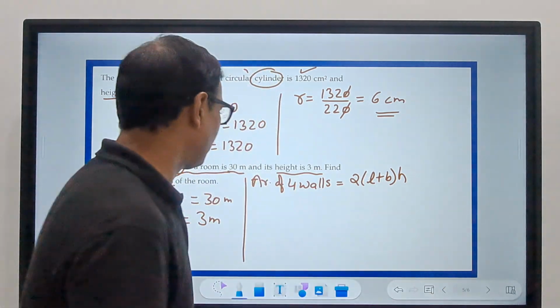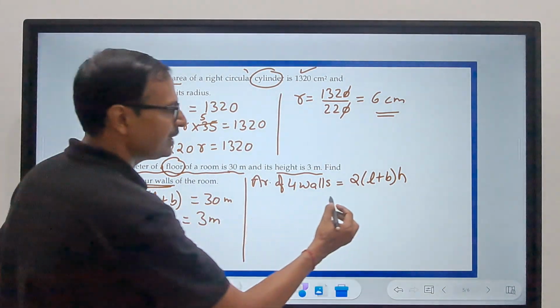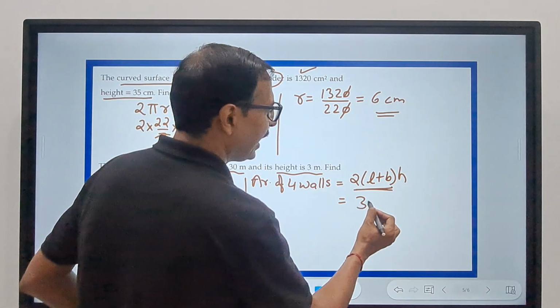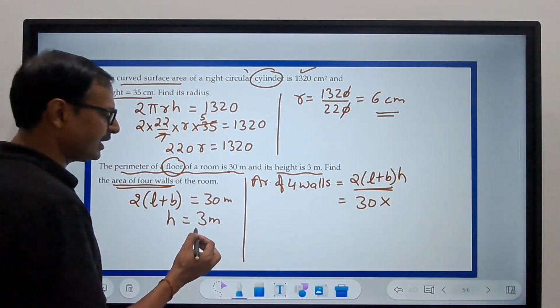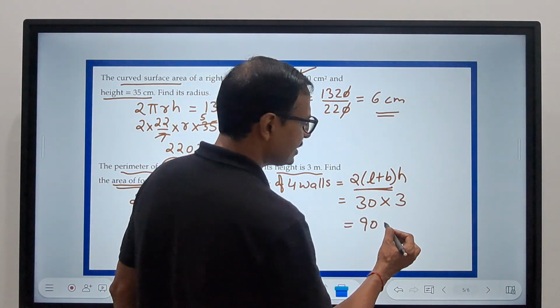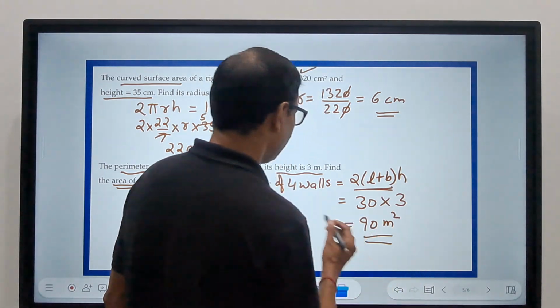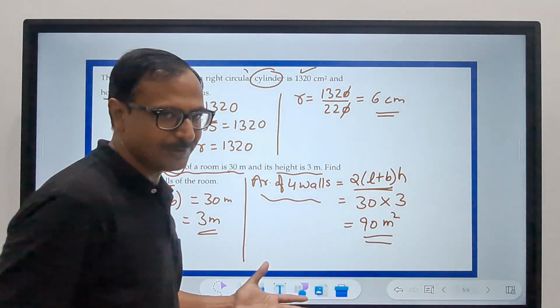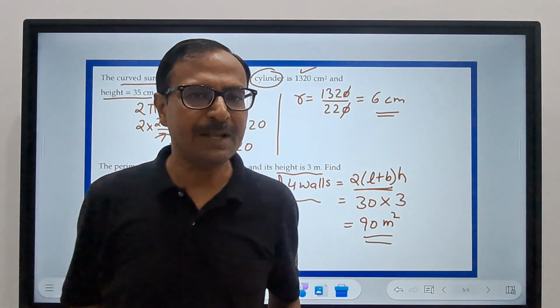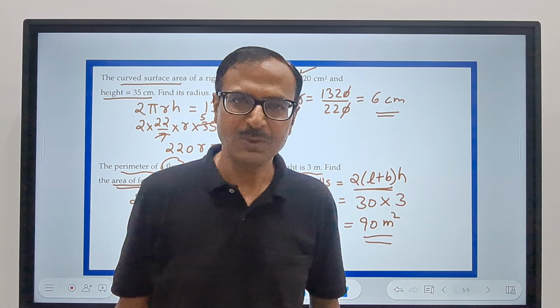Not at all, because twice (L plus B) is given in the question as 30, and the height is given in the question as 3. So you just multiply them, you get 90 square meters as the area of 4 walls of this room. Short trick, right? But understanding plays a vital role in solving this question.